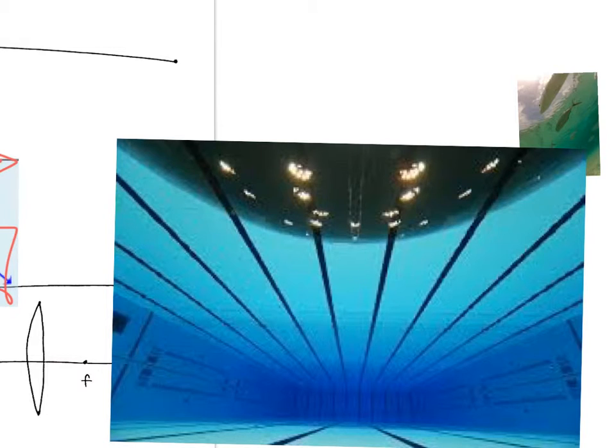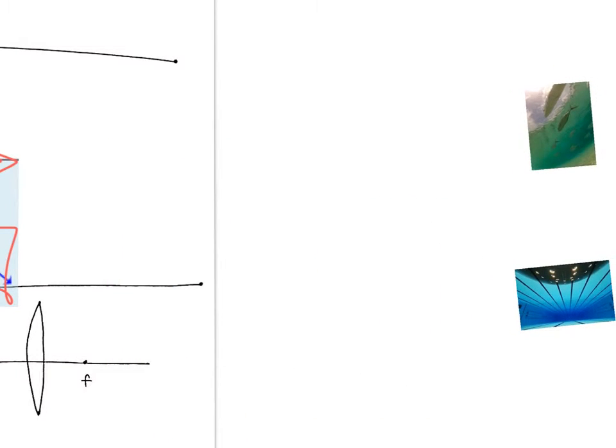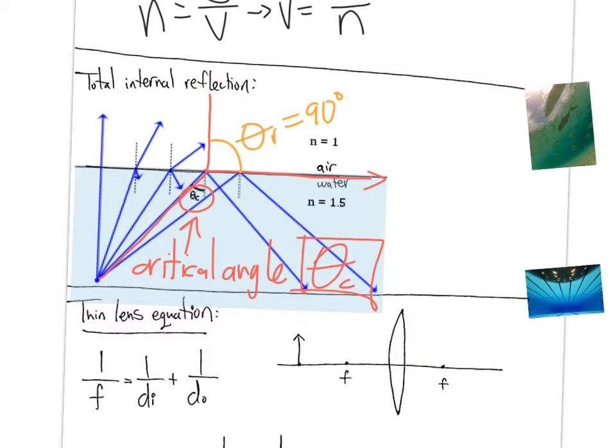Whereas this, we can see up through the water to the ceiling of the, looks like it's in some big stadium or something like that. So two examples of total internal reflection. And notice how, if we were looking from down here, we'd actually be able to see light coming in from above. Whereas when we looked out here, all we would see is light being bounced from the bottom of the pool or ocean or whatever.